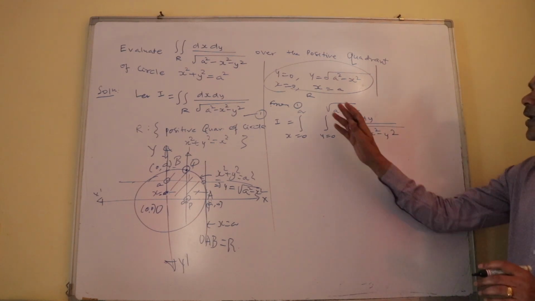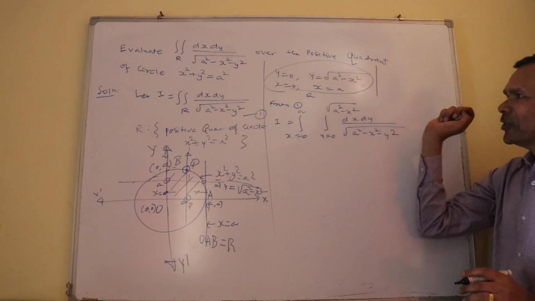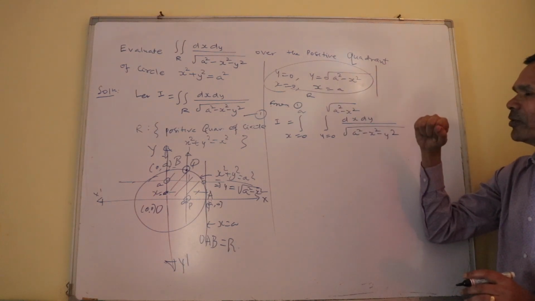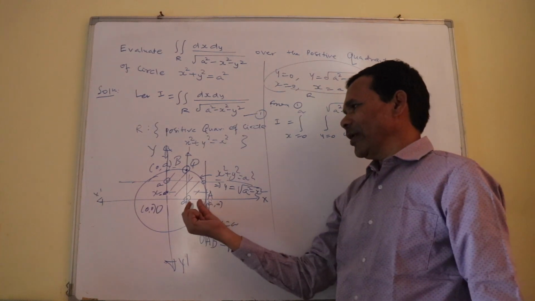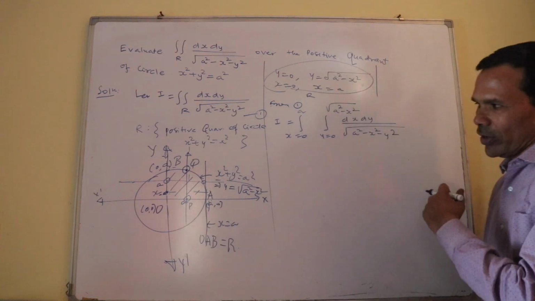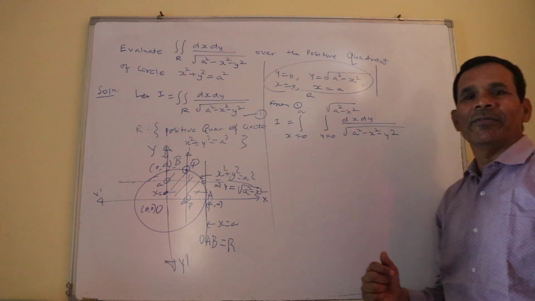Now y has variable limits, so we integrate with respect to y first and then with respect to x. If it is a vertical strip, you have to integrate with respect to y first, and if it is a horizontal strip, you need to integrate with respect to x.